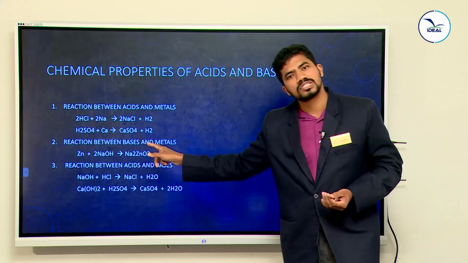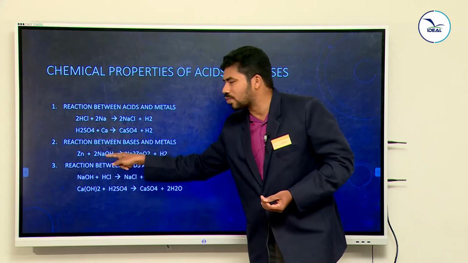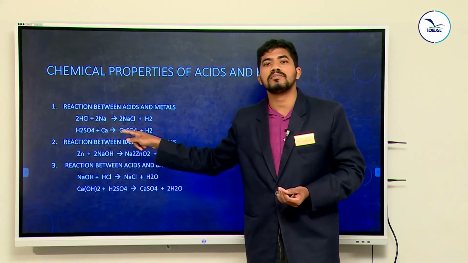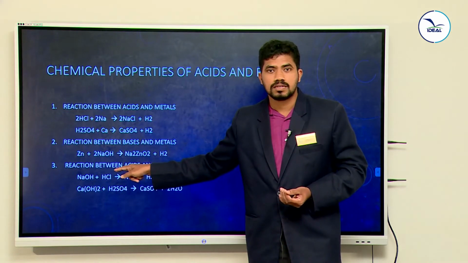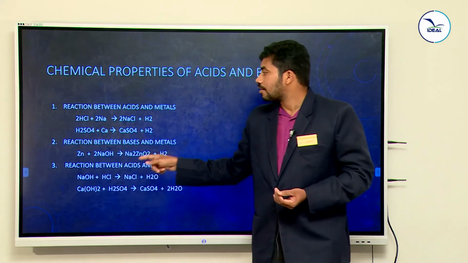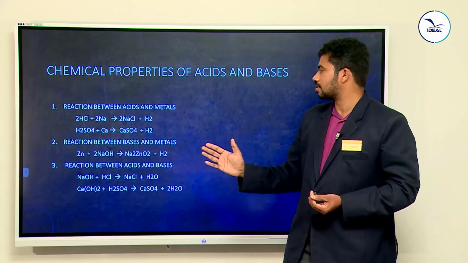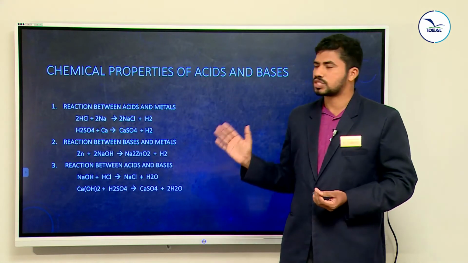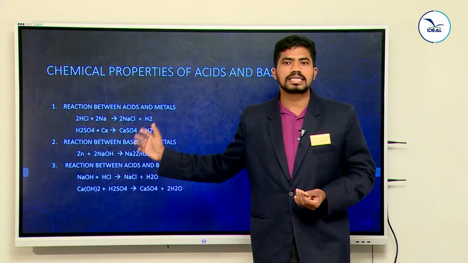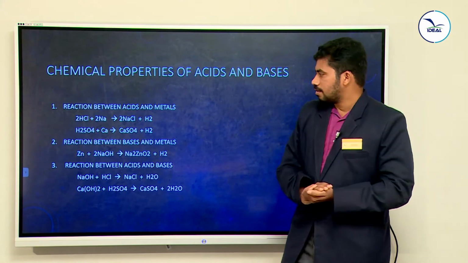Here, zinc is reacting with sodium hydroxide. Zinc is a metal and sodium hydroxide is a base. So, listen all of you. When we react sodium hydroxide with zinc, definitely we will get salt and hydrogen gas. This is the first chemical property of acids as well as bases with metals.